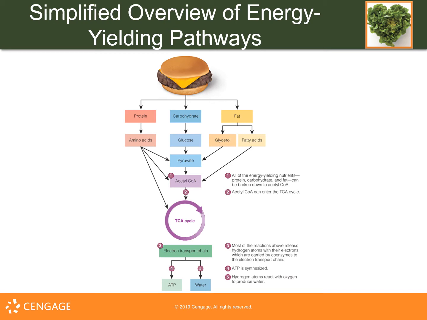This releases hydrogen atoms and their electrons, which are carried by coenzymes to the electron transport chain, where energy is harnessed or captured. The TCA cycle and electron transport chain have central roles in energy metabolism.